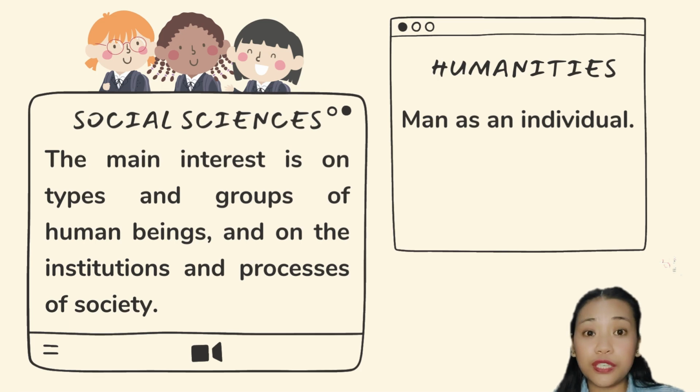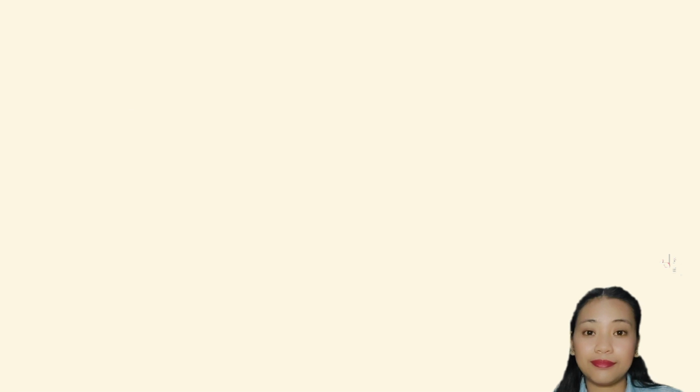There is also a difference between the humanities and the social sciences. While both are concerned with man, the focus of humanities is on man as an individual. In social sciences, the main interest is on types and groups of human beings and on the institutions and processes of society.